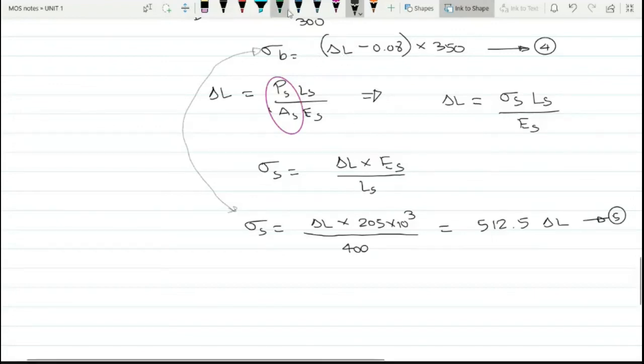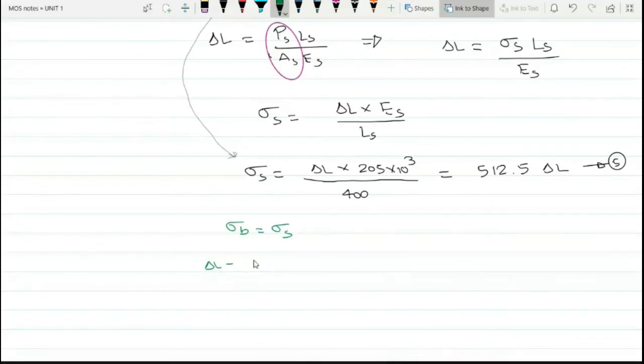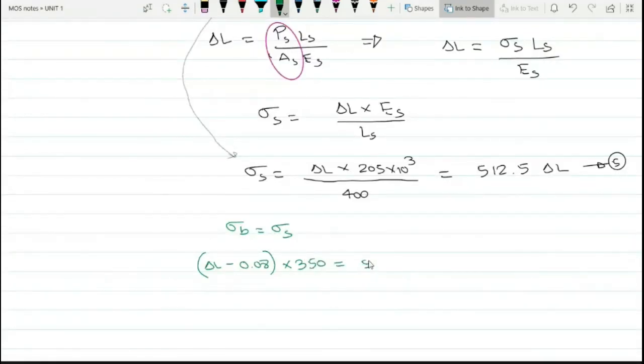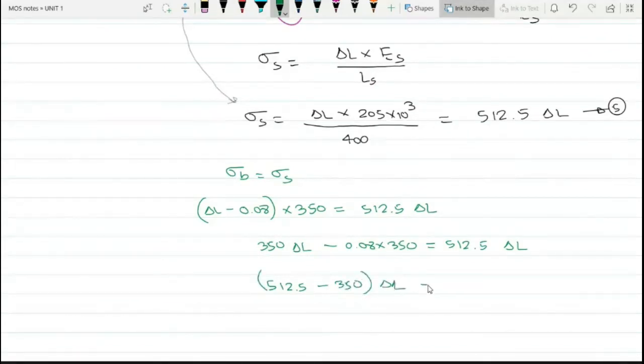So del L minus 0.08, into 350, is equal to 512.5 del L. Multiplying, I get 350 del L minus 0.08 into 350 is equal to 512.5 del L. So 512.5 minus 350, into del L, will be equal to 350 into 0.08.